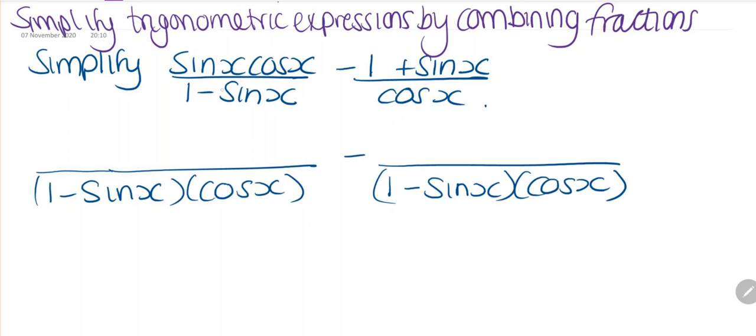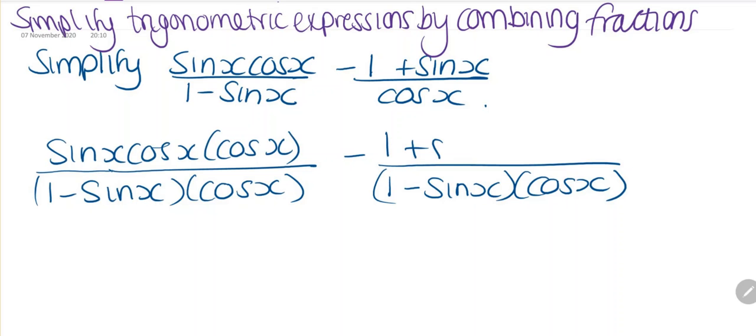So we're going to multiply sine of x cosine of x. This is going to be multiplied by cosine of x. And then we're going to multiply 1 plus sine of x by 1 minus sine of x.